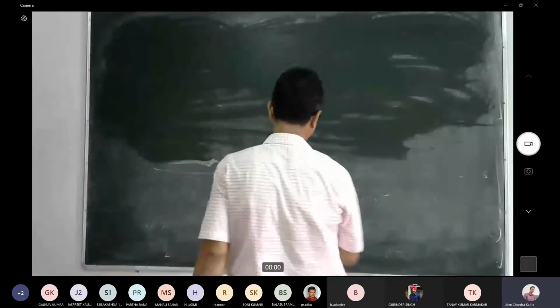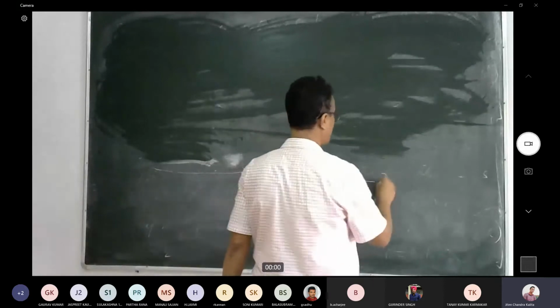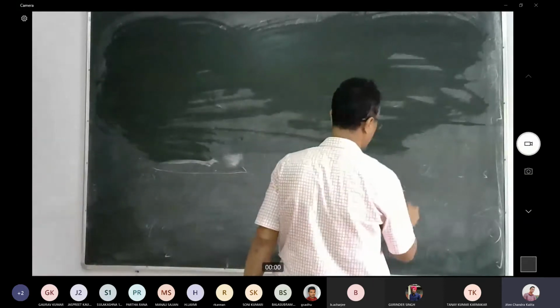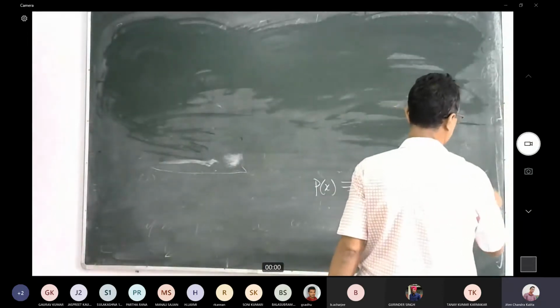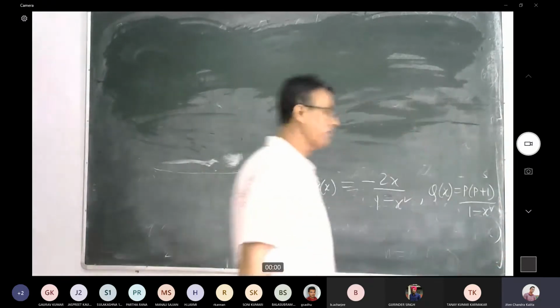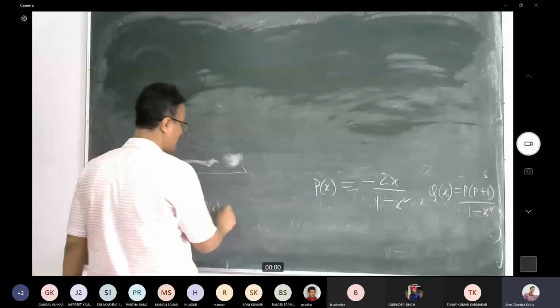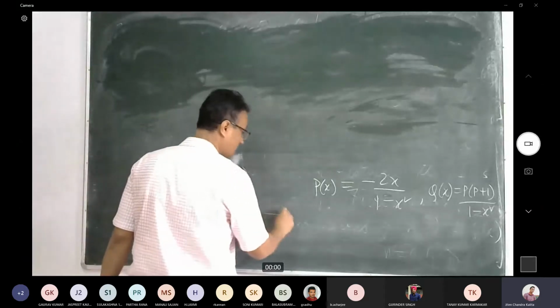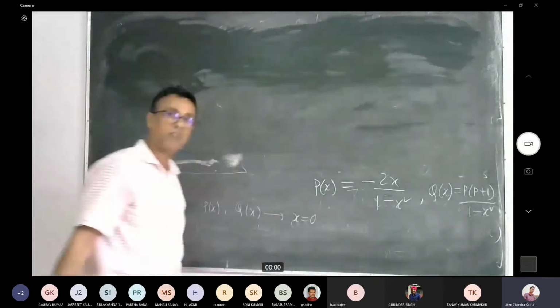Okay, so if you recall, in Legendre's equation, Px was minus 2x over 1 minus x squared. Now both Px and Qx were analytic at x equal to 0, right?